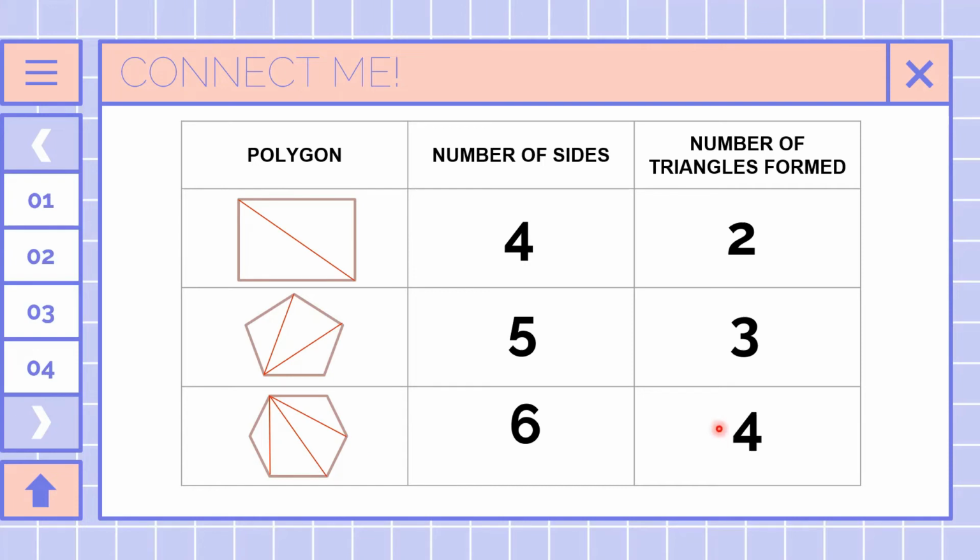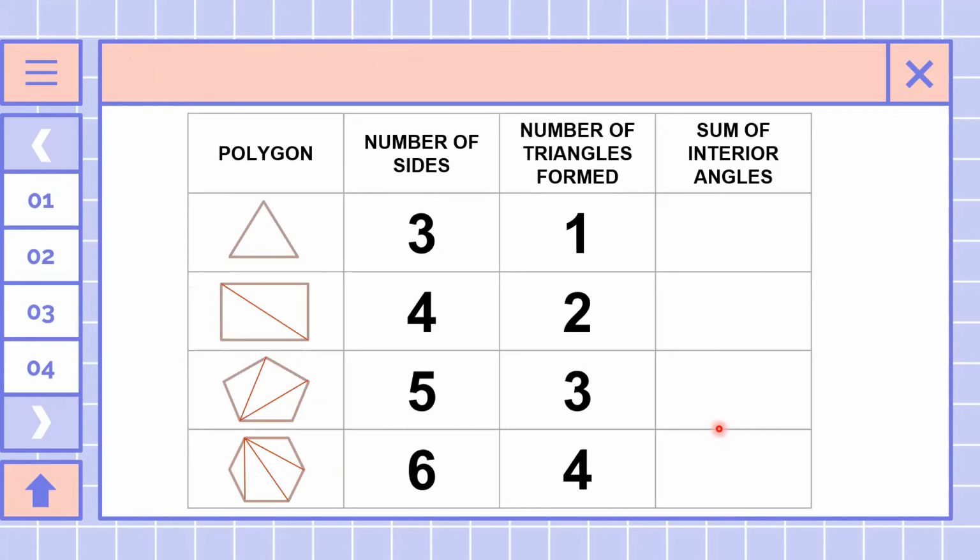So, in this activity, we will find the sum of the measures of the interior angles of our regular polygon. As you can see, always remember that a triangle has 3 sides, and one triangle has a sum of interior angles of 180 degrees.